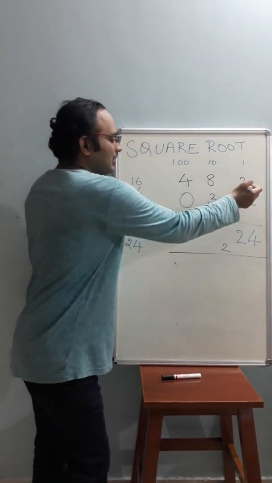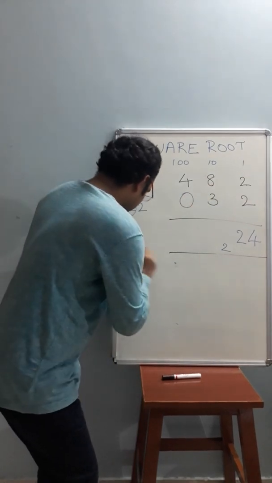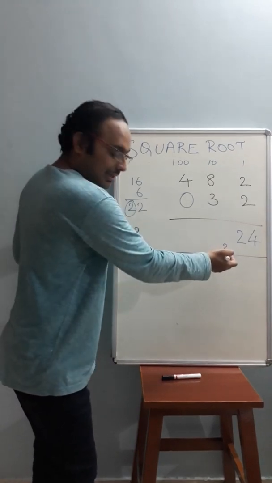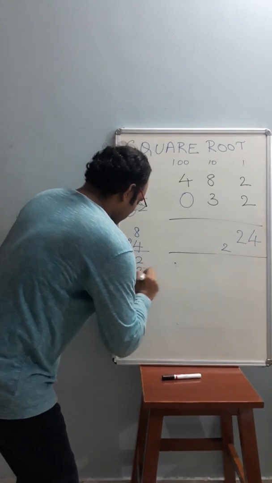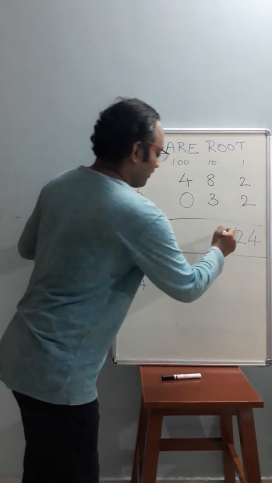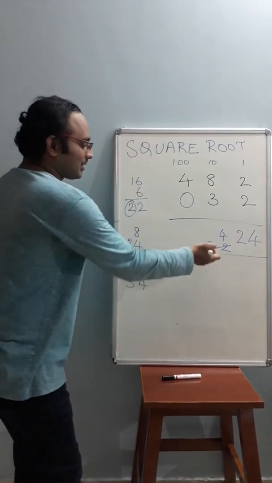0 hundreds into 2 units is 0 hundreds. This would be 32 plus 2 in the units place. This would be 2 in the hundreds place. We are adding it, so we get 34. So this would be 4 and we get 3 carry to the thousands place.